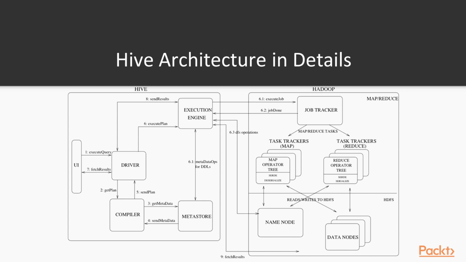Then it goes to the execution engine that starts the job. The job is started using multiple nodes if our cluster has multiple nodes, and it executes map and reduce tasks. After the job is done, it signals that fact to the execution engine and it sends results to the driver. And the UI fetches results from the driver when the result is available.